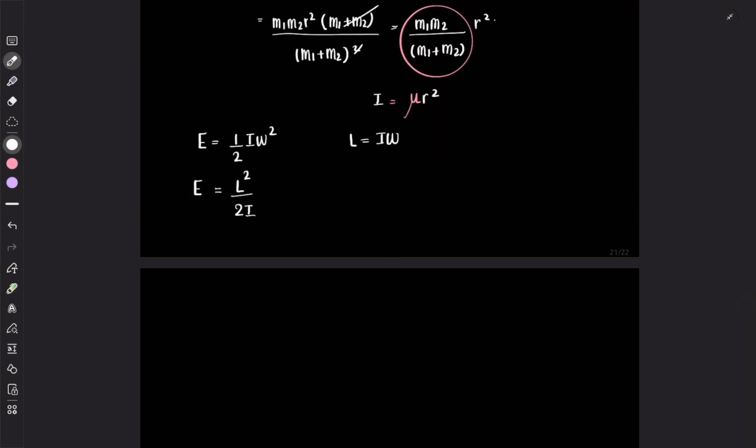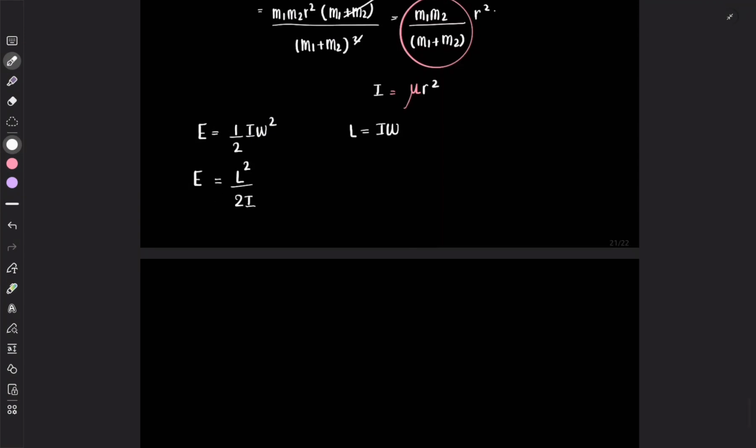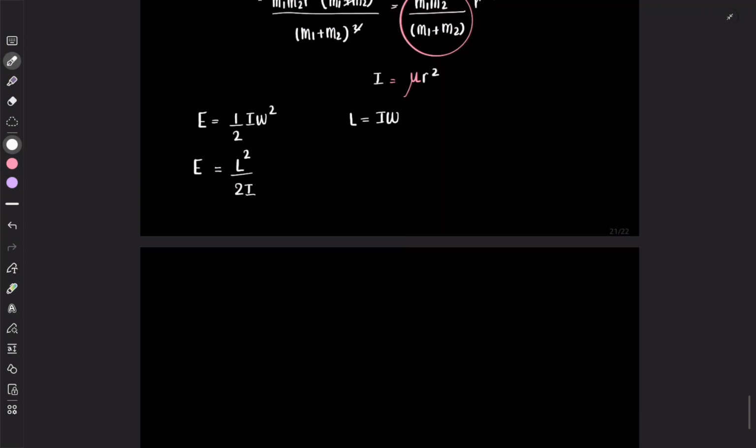So quantum mechanically, the angular momentum L of a system about an axis of rotation is given by L is equal to h cross root of j into j plus 1, where j is a rotational quantum number which can take the values 0, 1, 2, like that.